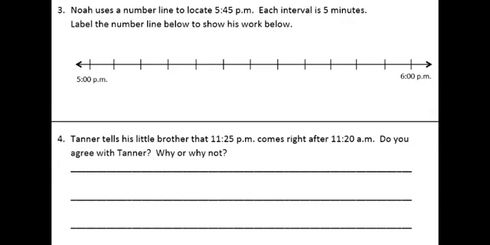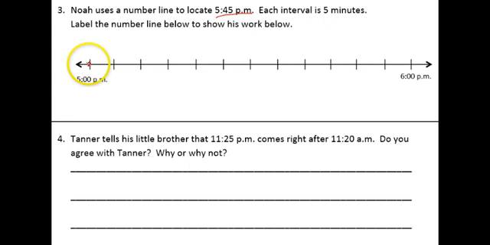The next question says that Noah uses the number line to locate 5:45 p.m. Each interval is 5 minutes. Label the number line to show his work. So we need to find 5:45 p.m. on the number line. Well, since it starts at 5 p.m. and each interval is worth 5 minutes, we just need to skip count to find the 5:45 mark.